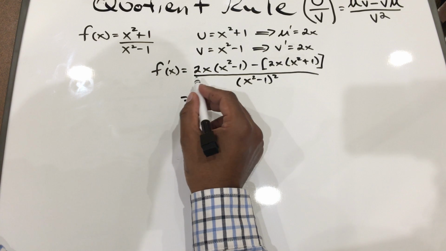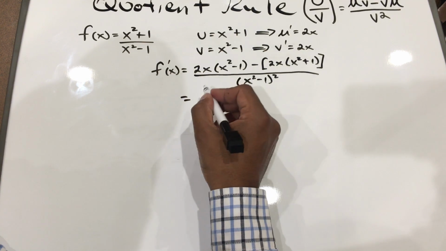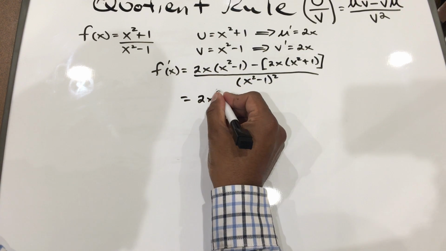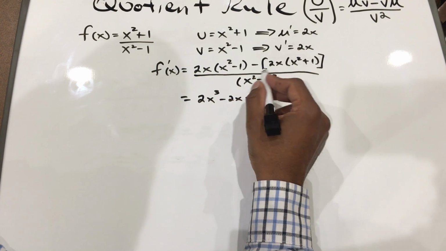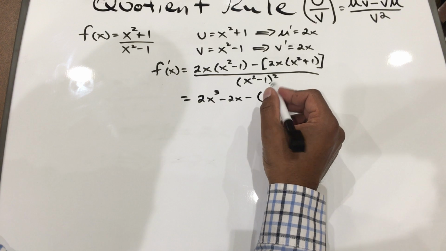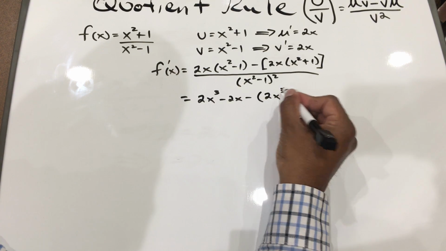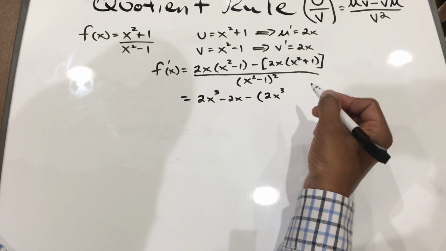So now I could just use some basic algebra and distribute. So we get 2x cubed minus 2x minus. Now in this case, I'm going to take the bracket off, and I'm just going to leave a pair of parentheses.